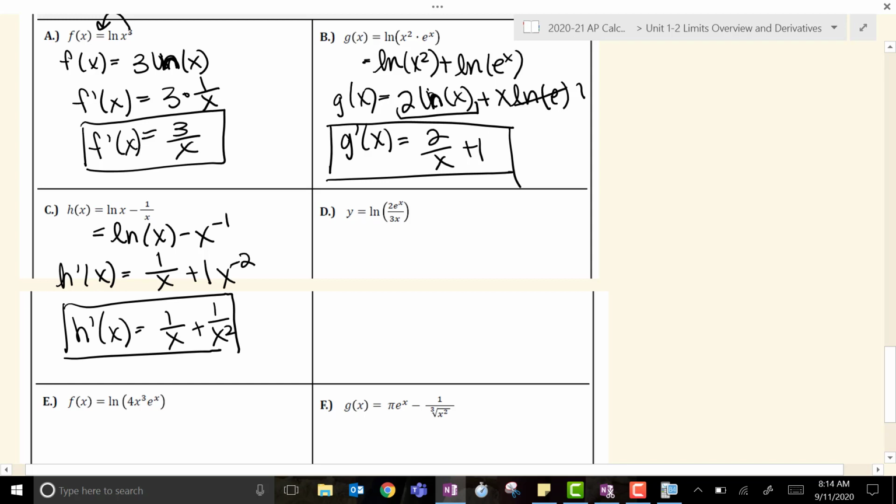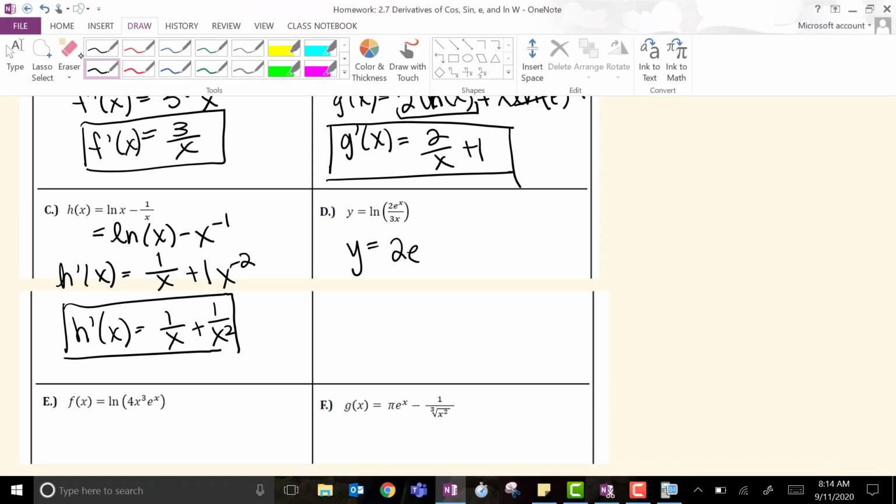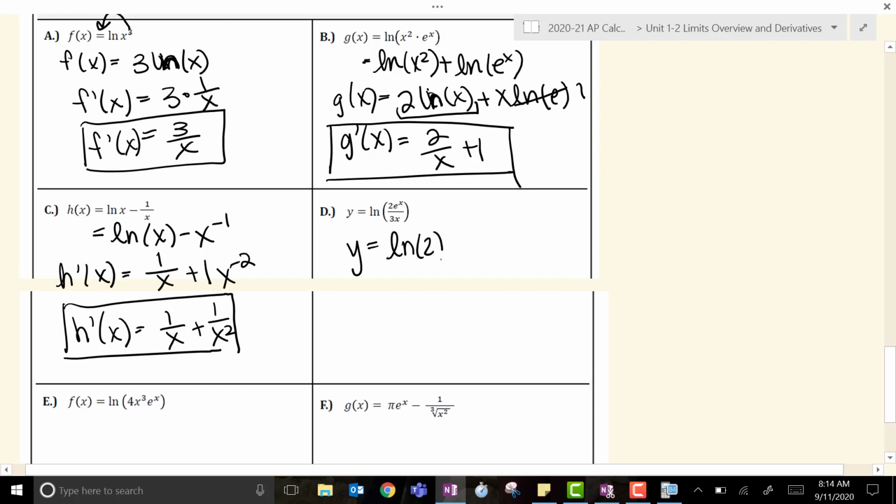Again on D, when I'm looking at something like D, we're using those logarithmic properties, and I'm just going to do all of this at once. There's a lot going on here, so we need to expand that a little bit more. This is going to be the natural log of 2 plus, right, because there are 2 terms being multiplied in that numerator, x natural log of e, and then we have minus the natural log of 3, and we also have a minus the natural log of x.